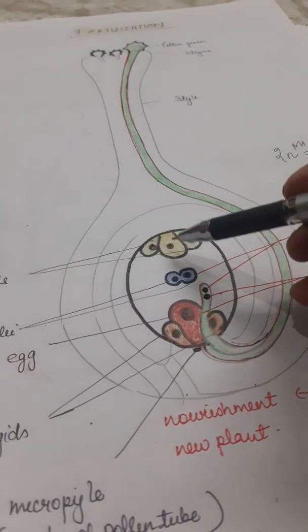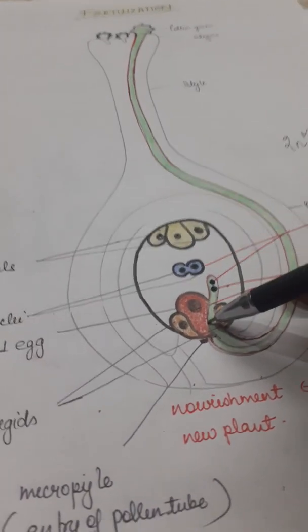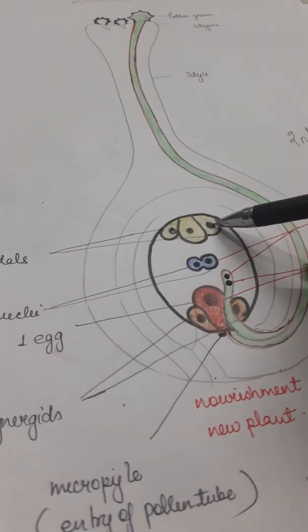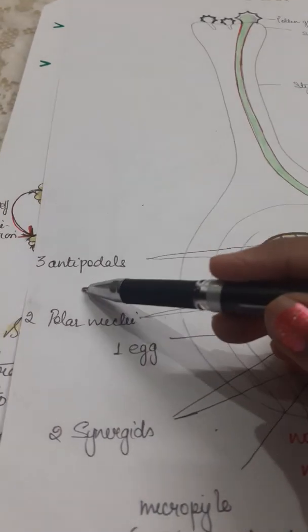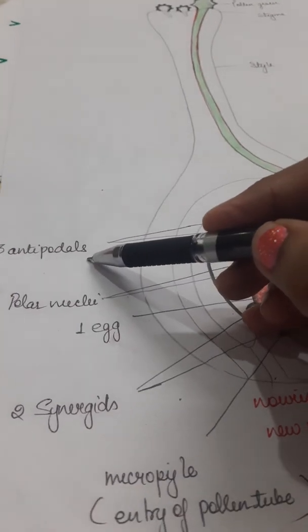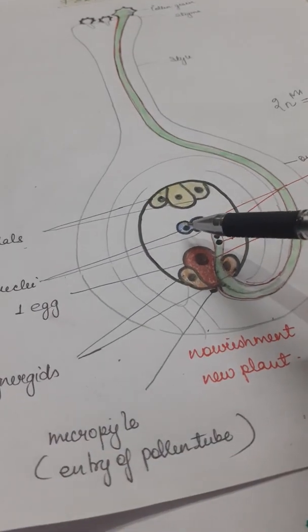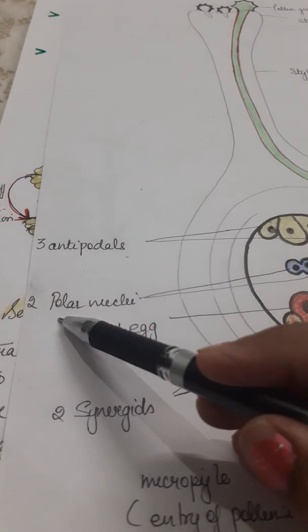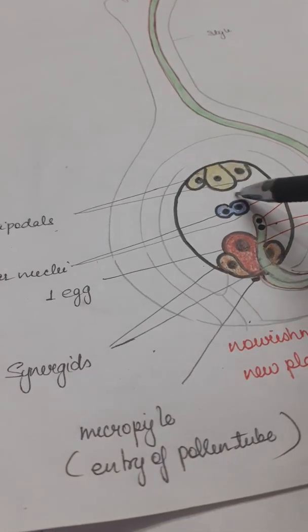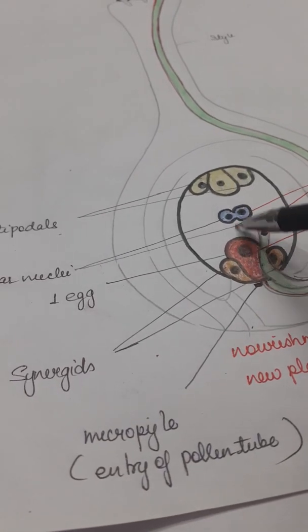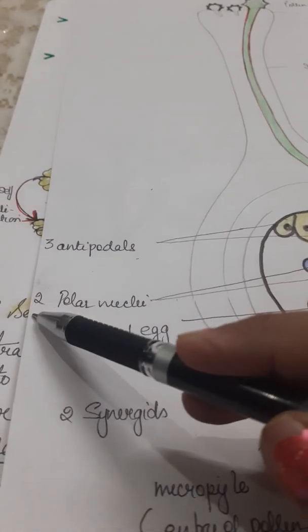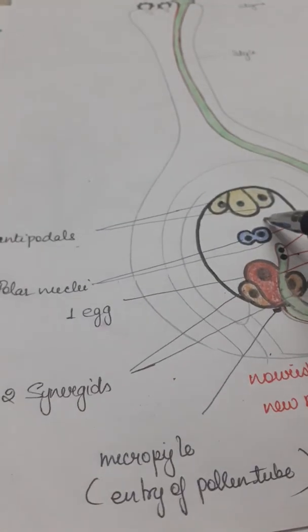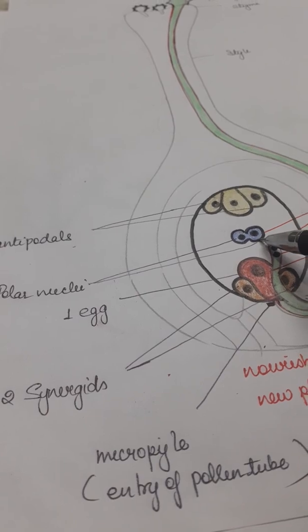Now there are 8 nuclei here. See how they are distributed. These 3 nuclei are known as antipodals. Then you have 2 nuclei floating in the same cell in the center. These are known as polar nuclei because they have come from the poles. So you have 2 polar nuclei. 3 antipodals and 2 polar nuclei make 5.